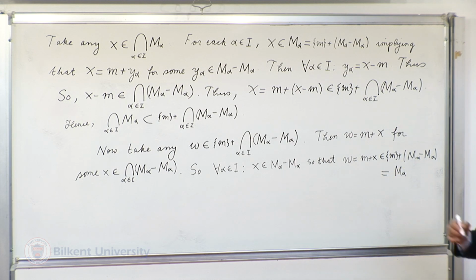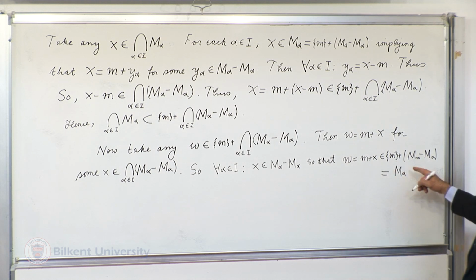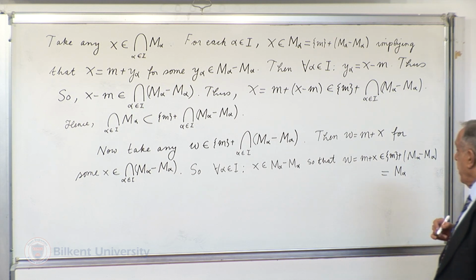Because we know m alpha is an affine subspace, m is a member of that, so this is just m alpha.